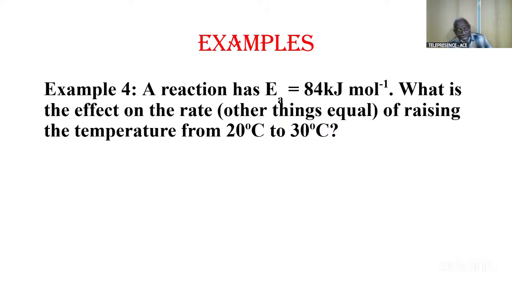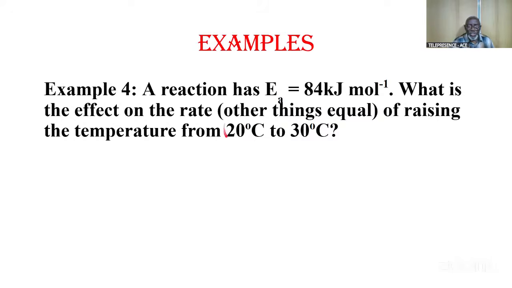In this case, they are moving from 20 degrees centigrade to 30 degrees centigrade, but we have the activation energy. But what are they asking? What is the effect? What will happen? Will the rate increase or will it decrease when the temperature goes from this to this? By what factor? This is what they want you to know.